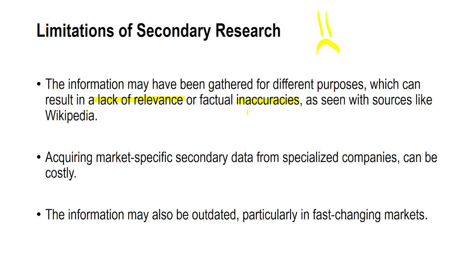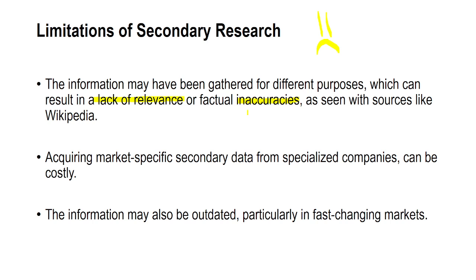And also, factual inaccuracies: some secondary sources like Wikipedia can be prone to inaccuracy. And since the data is not collected specifically for the business's current needs, it may contain errors or outdated information that could mislead decision making.